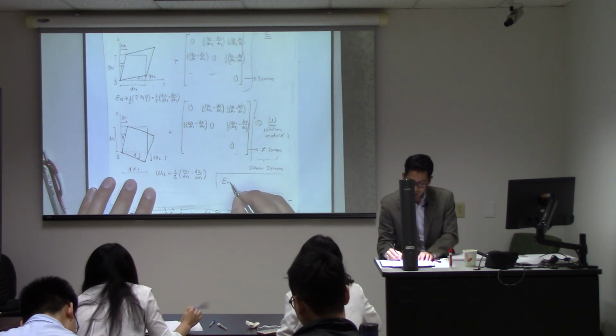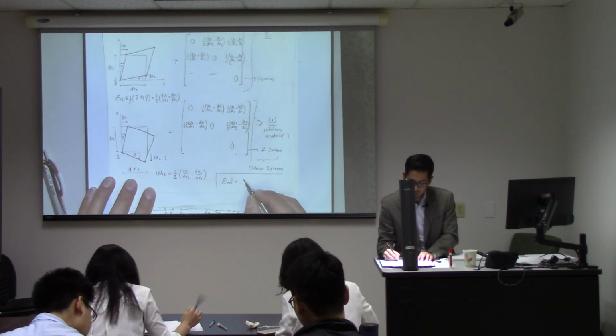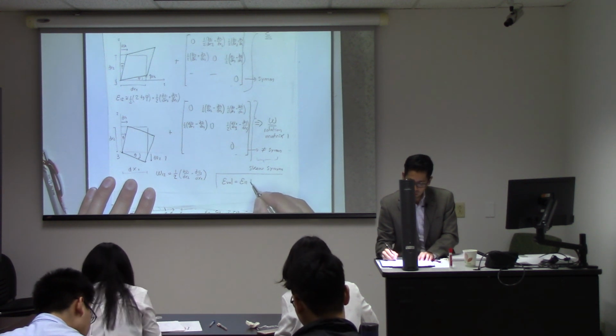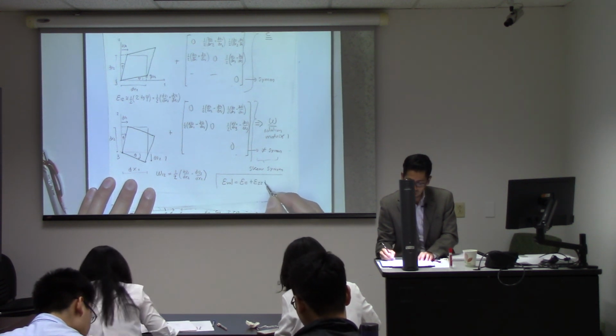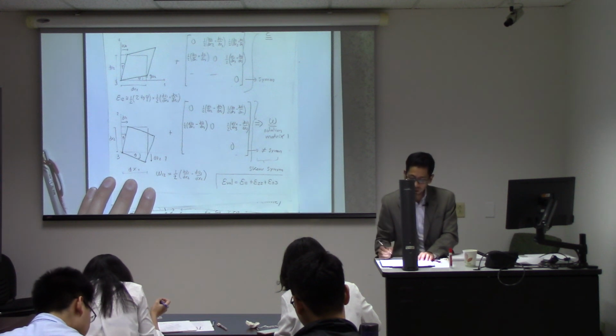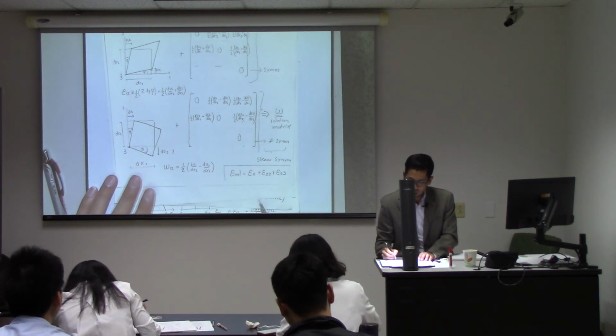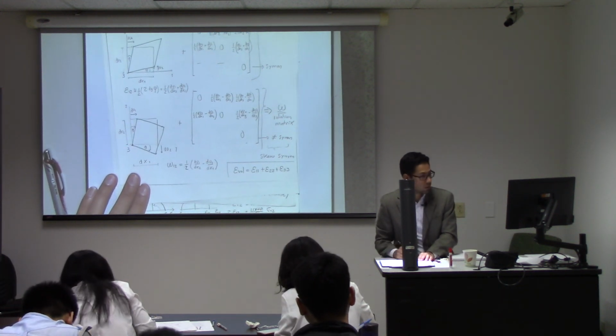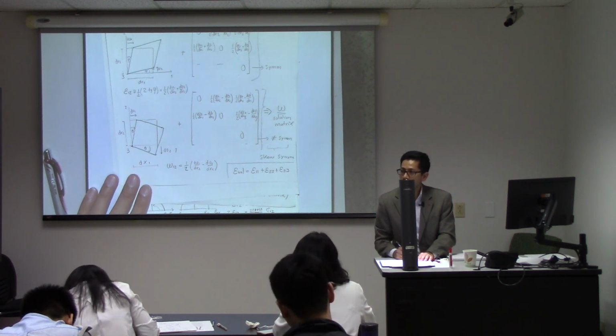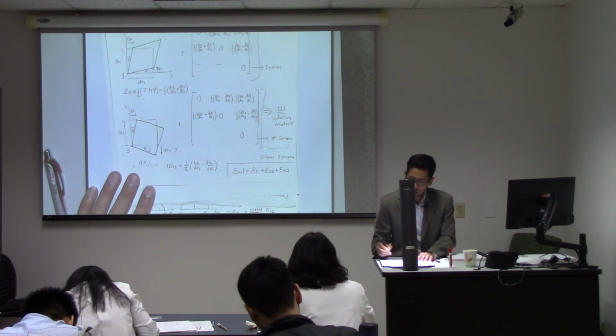The volumetric strain is epsilon 11 plus epsilon 22 plus epsilon 33. I1 of the strain tensor? Yes, exactly. It's the first invariant of the strain tensor.